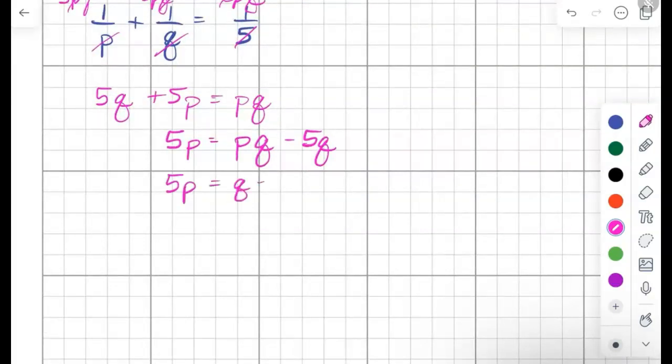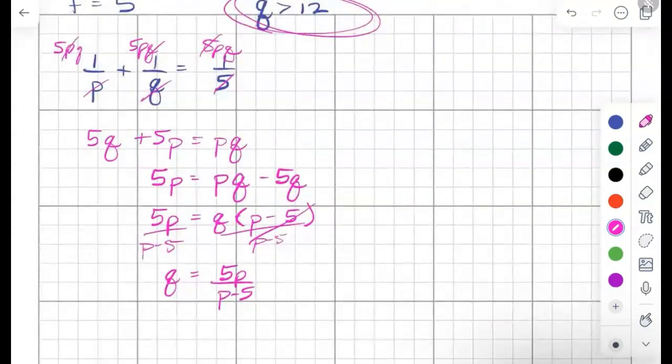That leaves me with p minus 5 if I take out the q. I'm then going to isolate the q by dividing by p minus 5 on both sides. That cancels your p minus 5 and gives you that q is equal to 5p over p minus 5.